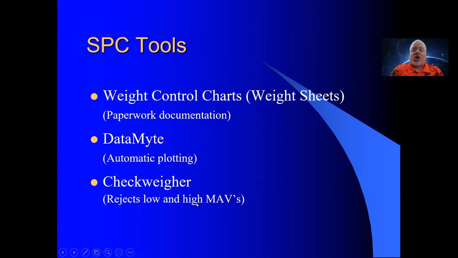There's also something called the check weigher, which is a safety net. And the check weigher is a scale or balance that is a high-speed device. And as the bottles are finished packing, they go past the scale at a very high speed.